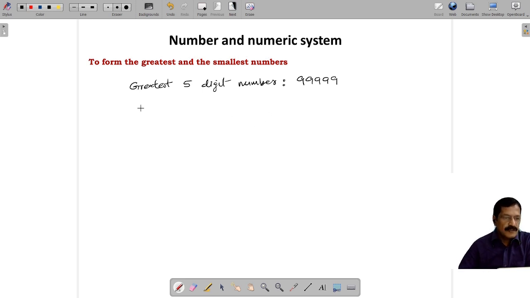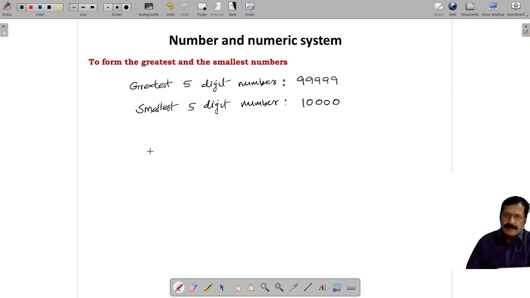So the smallest 5-digit number will be 1, then the remaining positions filled with 0, that is 4 zeros. So this is the way to write the greatest and smallest numbers with simple conditions.